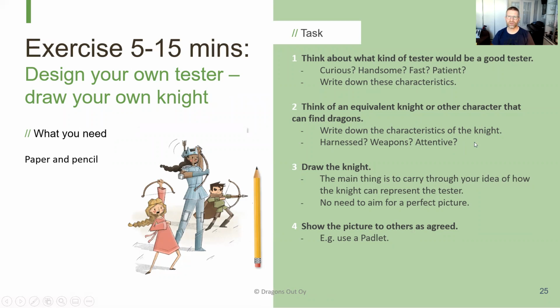So what kind of characteristics would this knight, for example, have? Would it be a person with a great harness, very effective defense against dragons? Maybe there needs to be a weapon that can be used, a sword, a bow. How would that knight look like? And then draw a knight. And again, no aim for a perfect picture, rather try to carry through your idea about how the knight can represent a tester. And again, share with others in the end. That's more fun together. So now, draw.